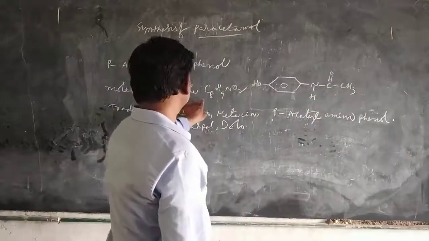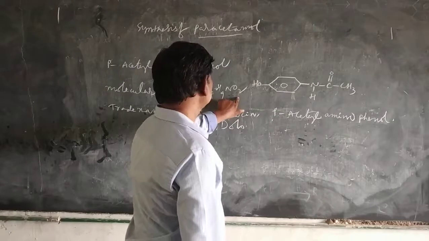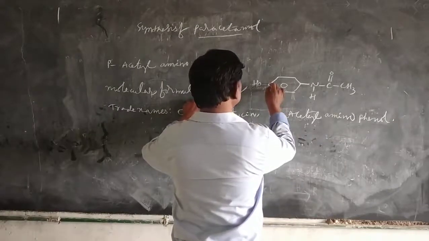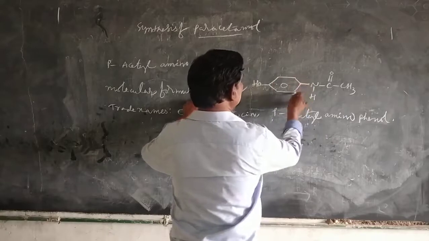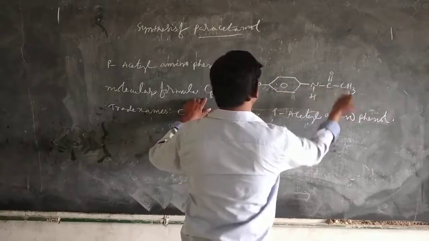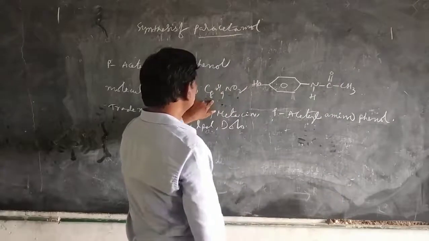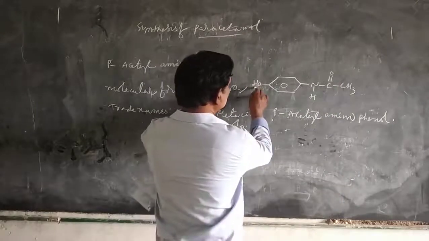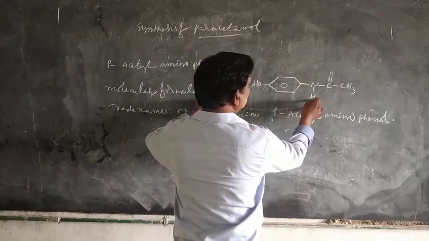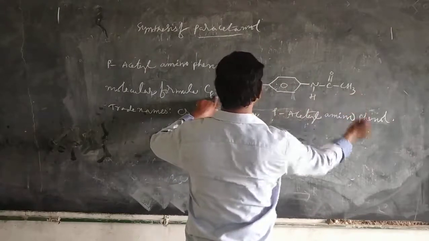So molecular formula C8H9NO2. Let's verify the structure. Carbons 1, 2, 3, 4, 5, 6 and 7, 8: 8 carbons. And H9: 1, 2, 3, 4, 5, 6 and 9.